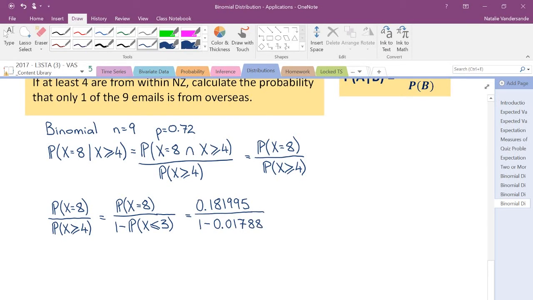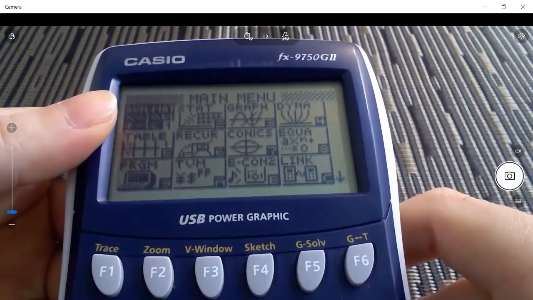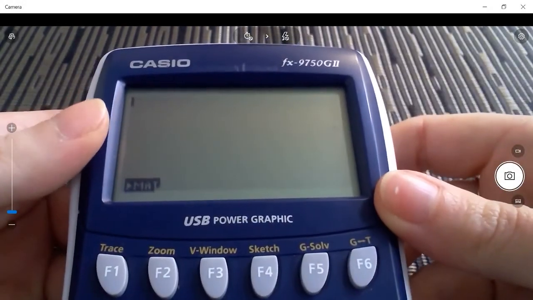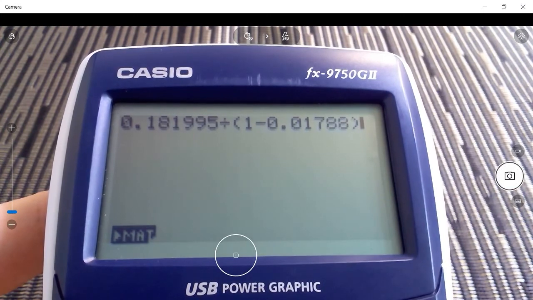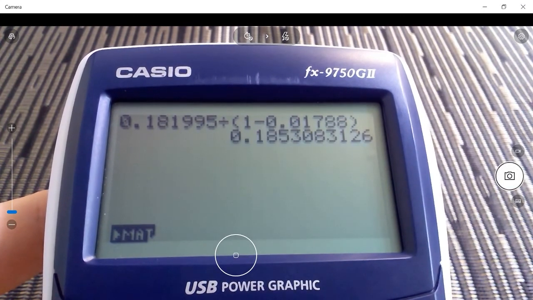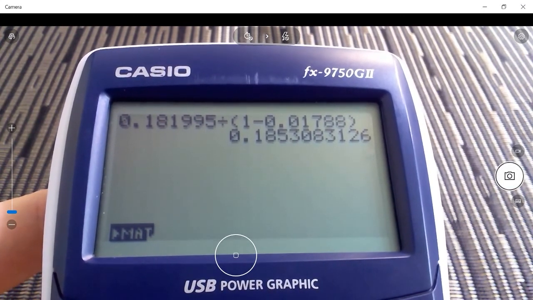All we need to do now is work this out on our calculator. So coming to run mode, we're going to type that equation in. So it should look something like this. And there we have our final answer.